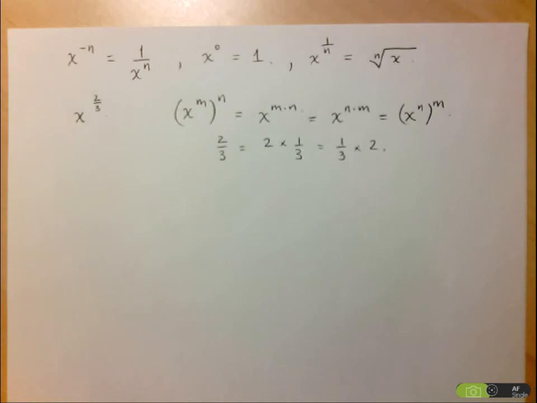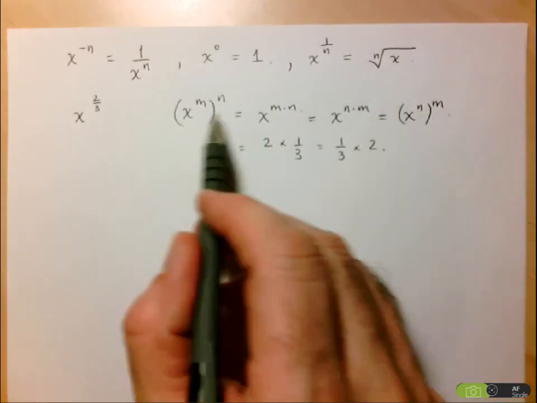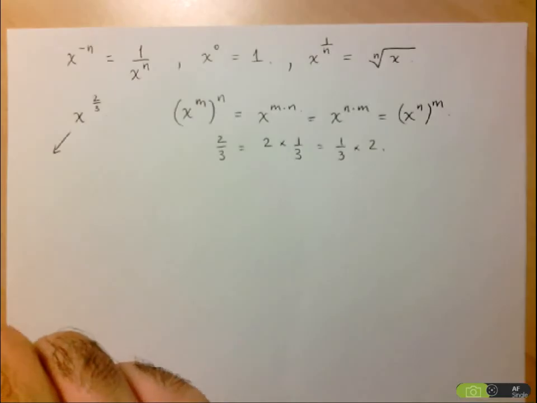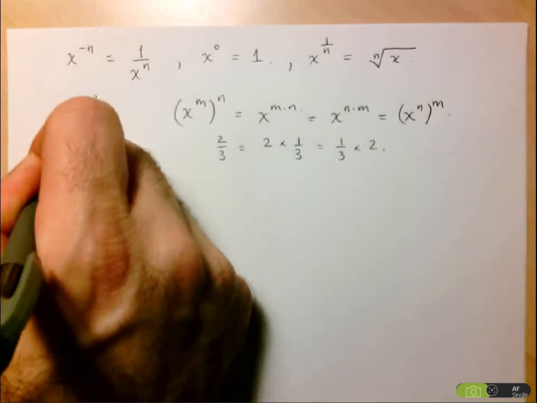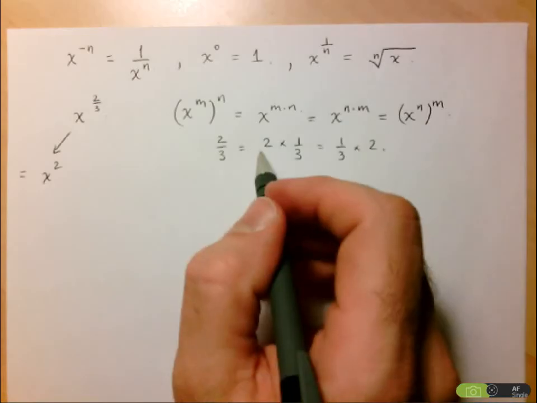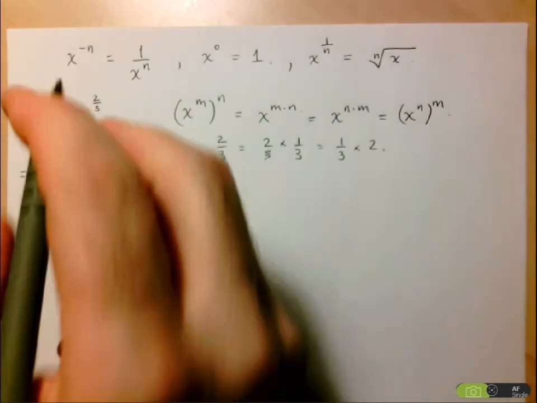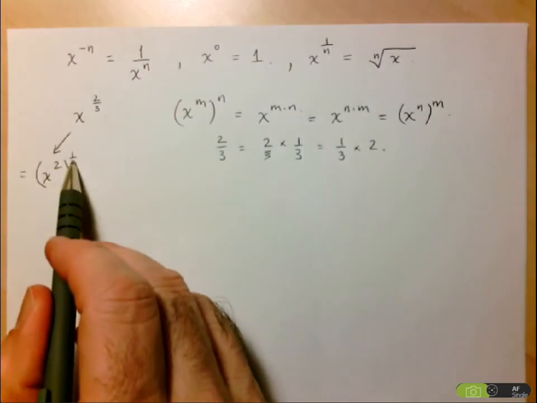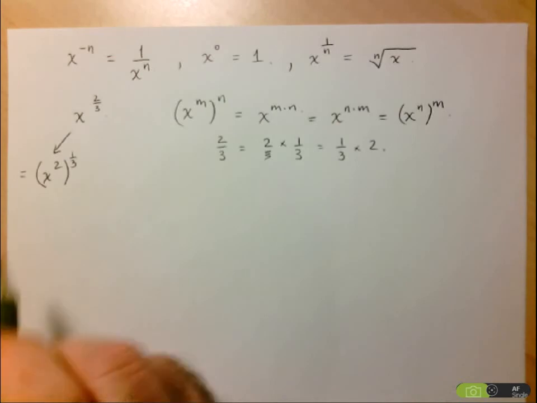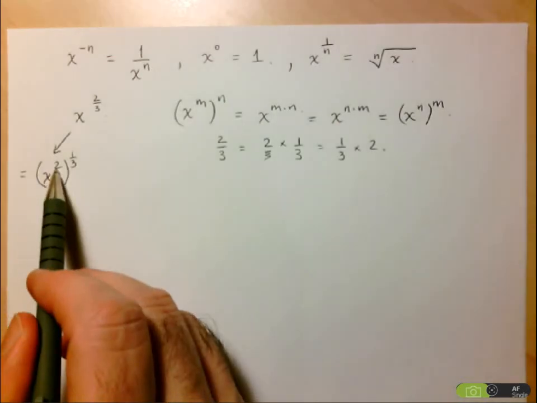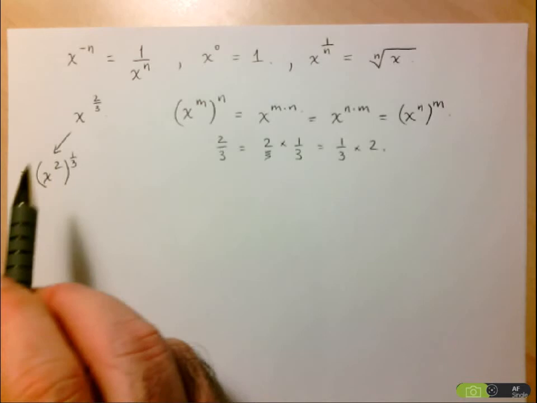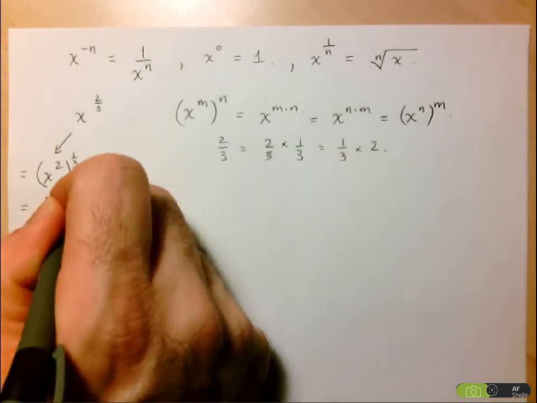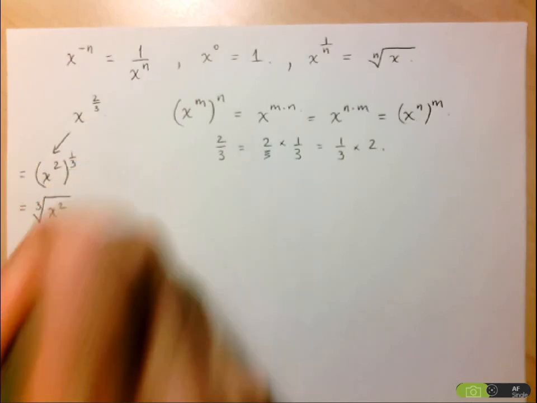So if I use this logic, when I look at x to the 2/3, I can think of it as x squared, first consider this first exponent, all to the power 1/3, because 2 times 1/3 is equal to 2/3. Why is this useful? Because I know how to deal with exponent 2. I know what that meaning is, and I know what the meaning of 1/3 is. So this is equivalent to the cube root of x squared.